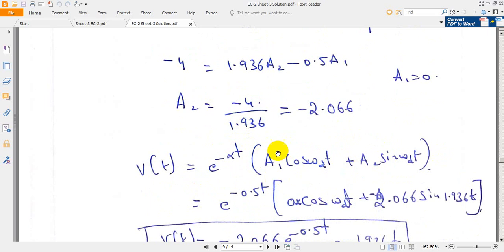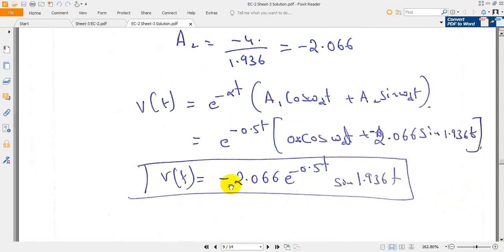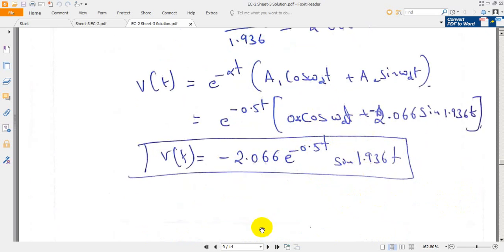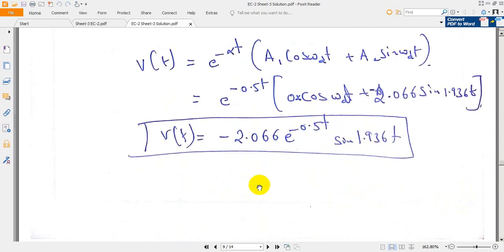Substitute the value of a1, which is 0, a2 as minus 2.066, alpha value is 0.5, and omega d is 1.936. You will get V of t is equal to minus 2.066 e power minus 0.5t sin 1.936t. This whole cosine term will become 0 as a1 is 0. This finishes your question number 7.